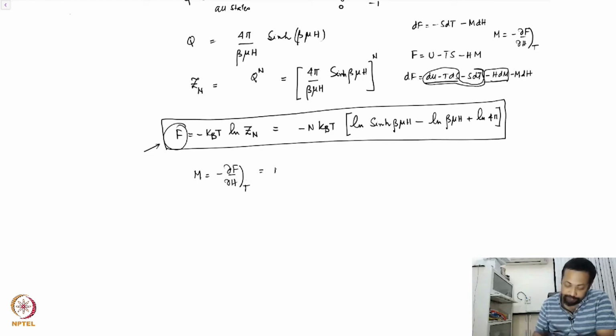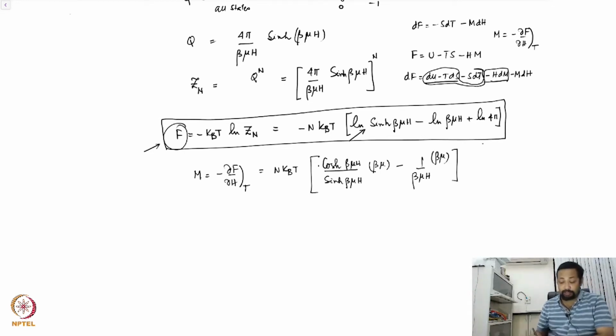So let's see, this is going to be N k_B T times del h of the first term, which is going to give you sine hyperbolic beta mu h times cos hyperbolic beta mu h times beta mu, minus 1 over beta mu h times beta mu.